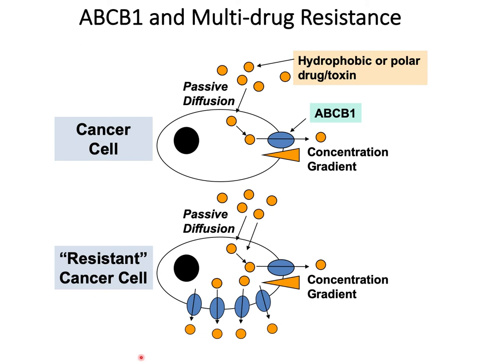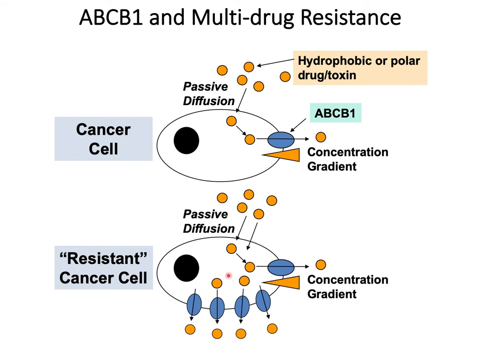Whereas when it becomes a resistant cancer cell, the number of these ABCB1 increases, and very efficiently it will transport almost every chemotherapeutic agent that gets into the cell. So due to the mutations, these cancer cells produce more and more of these ABCB pumps, and a significant number of these pumps pump out all these chemotherapeutic agents.